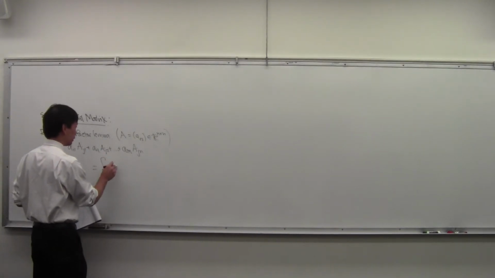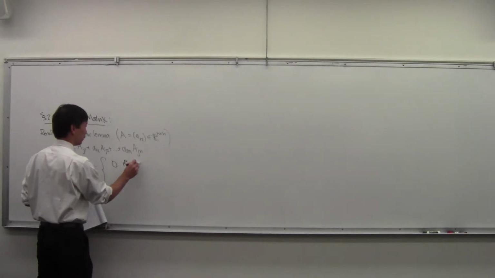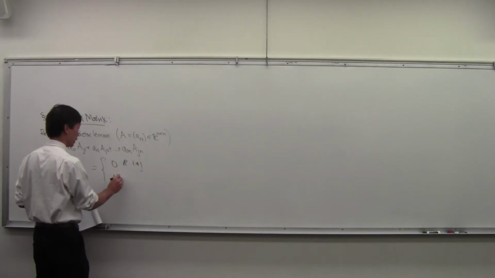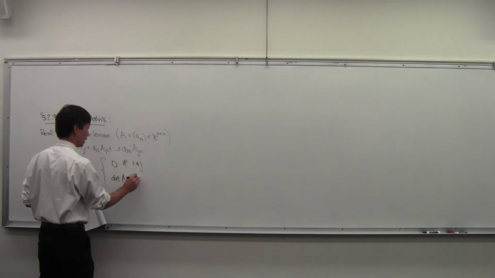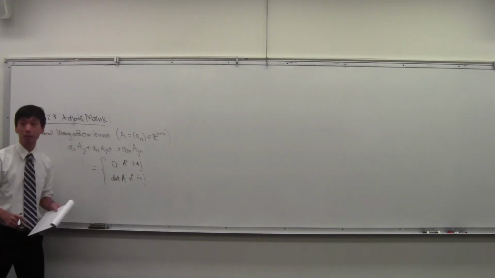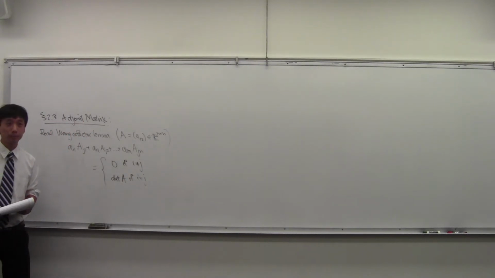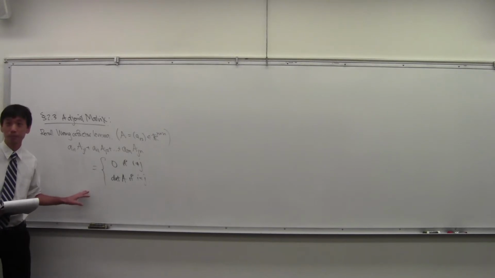Well, you end up with 0 if they are from different rows, and you end up with the determinant of A if they're from the same row. Everybody okay? I hope you know this.